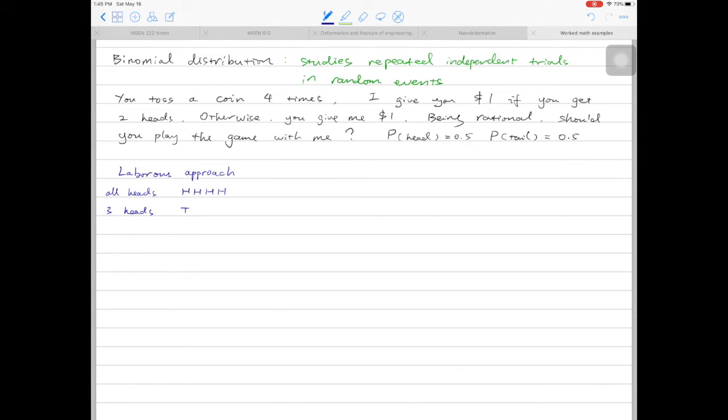We can have tail, head, head, head, or head, tail, head, head, then head, head, tail, head, and head, head, head, tail. We can also have 2 heads, 1 head, and 0 heads. I'll just write down all the possible outcomes.